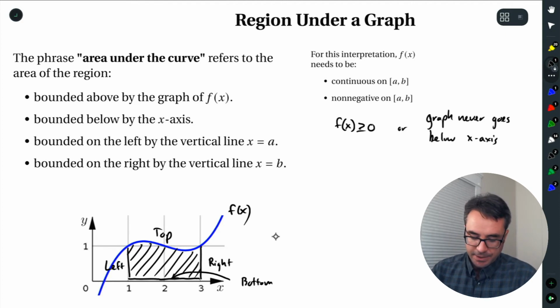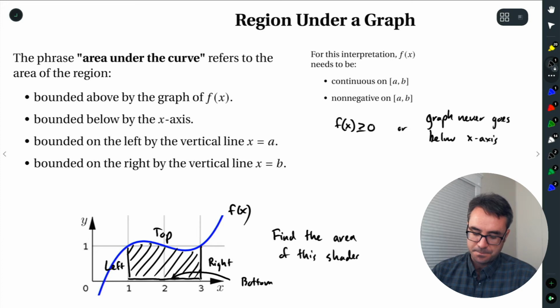And so what we're going to do is answer the question, how do we find the area of this shaded region? That's the motivating problem here.